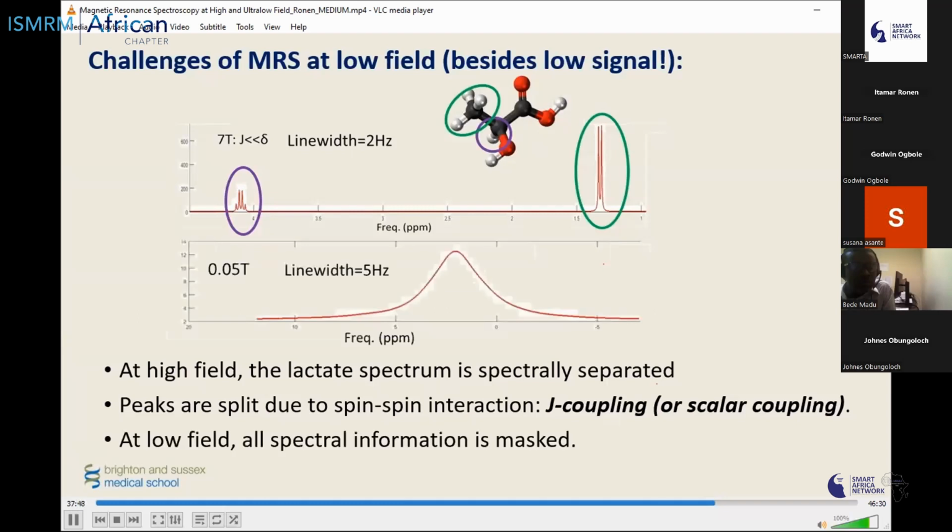But what happens at low field is that the chemical shift between the 4.1 ppm and 1.3 ppm becomes so small that all of those peaks coalesce into one broad contribution.